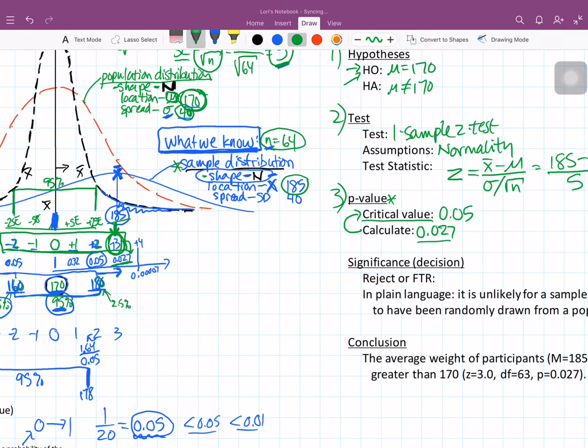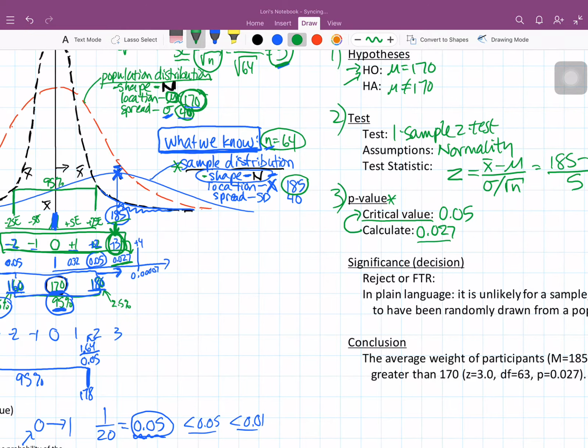That means that you're getting farther and farther away from this proposed value of 170. And this p-value goes from 1 to 0.32 to 0.05 to 0.027 to 0.00007, and it just keeps getting smaller and smaller the farther away you get.